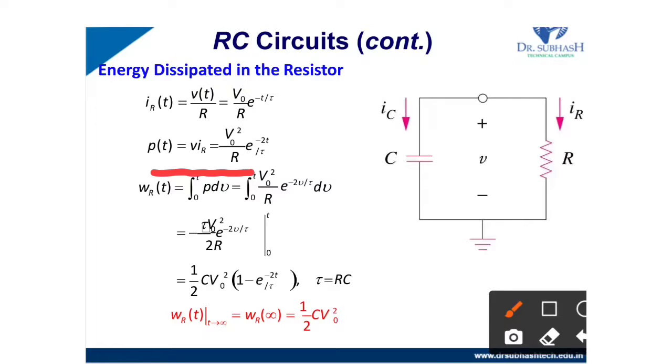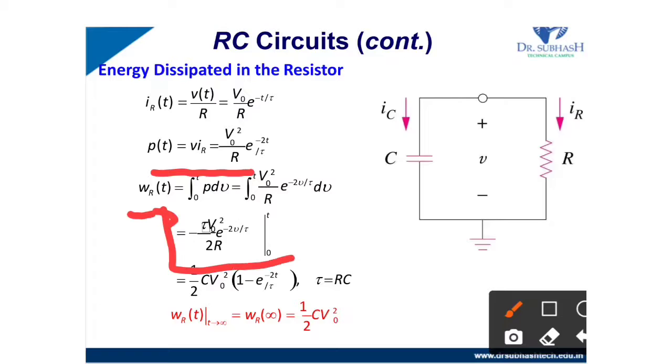So wR of t equal to integration from 0 to t of p dt. So it is up to the time t that energy is dissipated. So it is integral 0 to t of v0 squared upon R e raised to minus 2t by time constant dt.